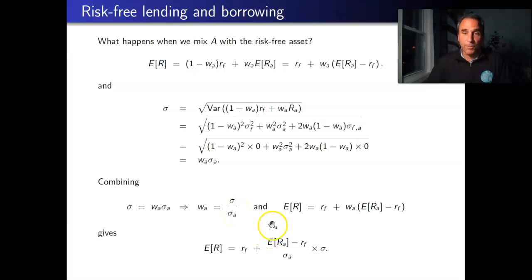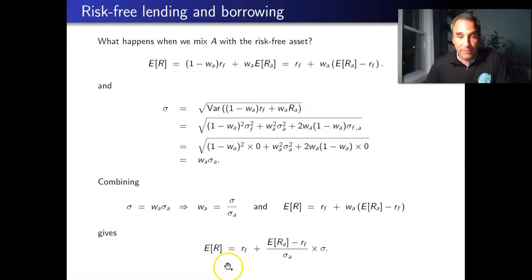So if we replace WA here by this ratio, we obtain the equation you have here at the bottom. So the expected return of a portfolio composed of A and the risk-free asset is equal to the risk-free rate plus this ratio here times the standard deviation of the portfolio.